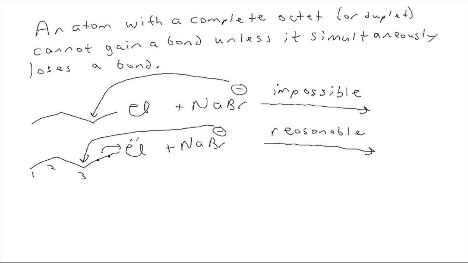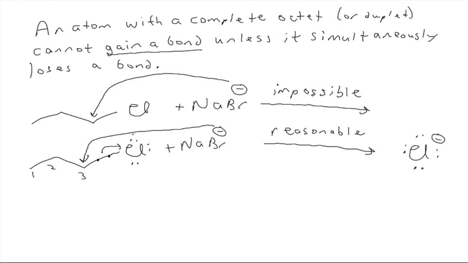So in this picture, technically, the chlorine has 6 electrons in the lone pairs and 2 in the bond. In the product, it's just going to have 8 electrons as lone pairs. But either way, it has 8 electrons around it, so it hasn't broken the octet rule. You can't break the octet rule by just gaining a lone pair. The only way to break the octet rule is by gaining a bond. That's a little bit of a subtle issue here.